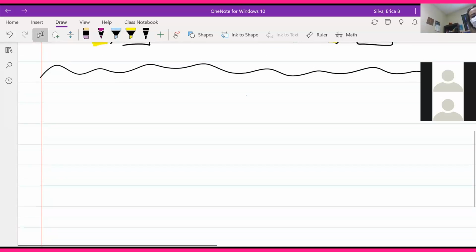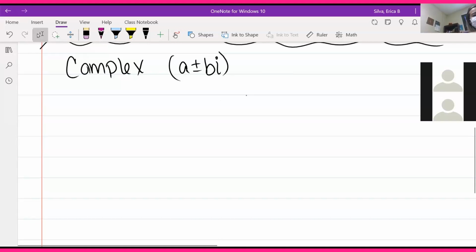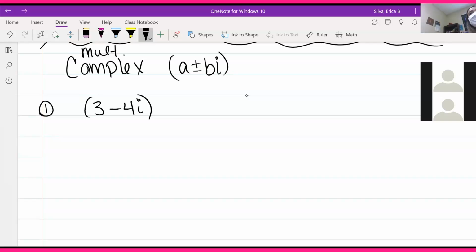Remember, complex numbers are in the form a plus or minus bi. So our first example for this part, we're going to say 3 minus 4i, and we're going to multiply that by -7 plus 2i.